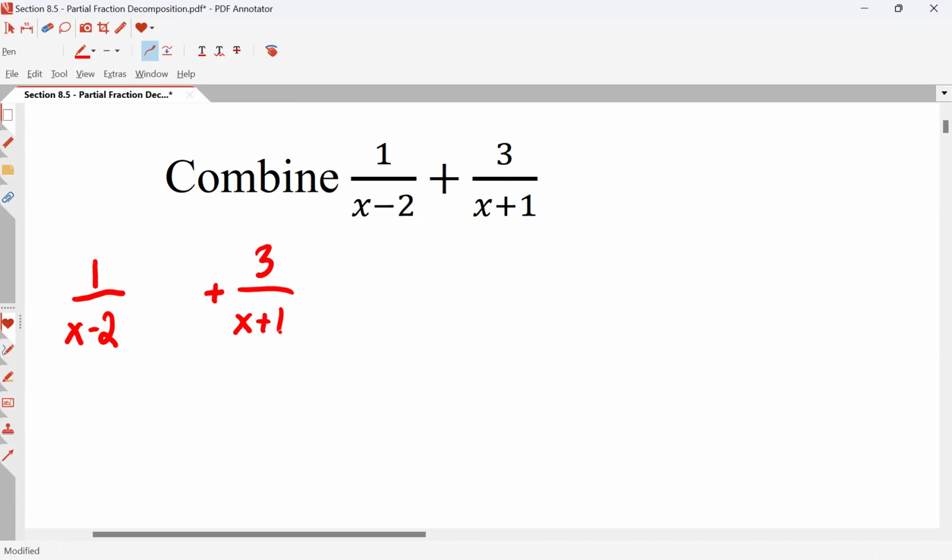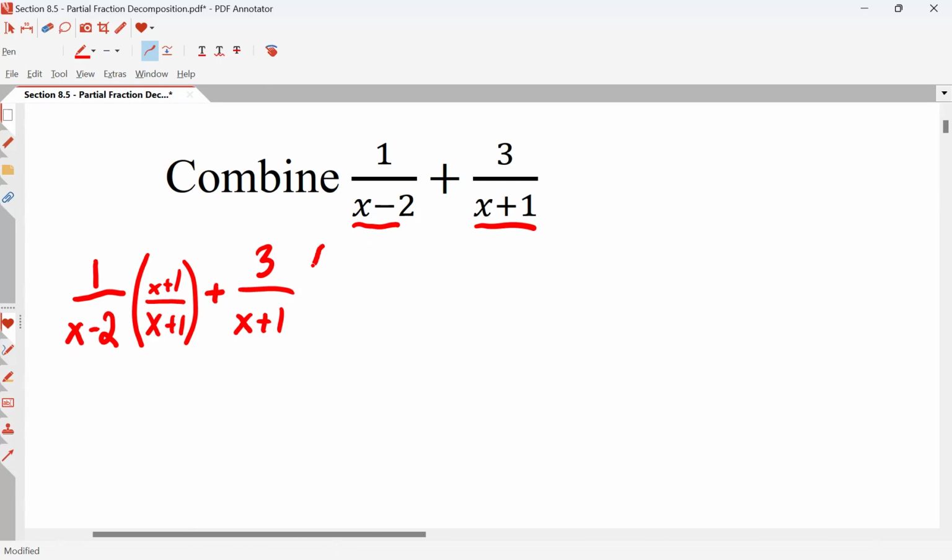And since this is already a simple enough problem where we can see all the factors of the denominator, we're going to multiply this x minus 2 by x plus 1 over x plus 1, because I want my denominator to be x minus 2 times x plus 1. So to get x minus 2 times x plus 1, I'll multiply by x plus 1.